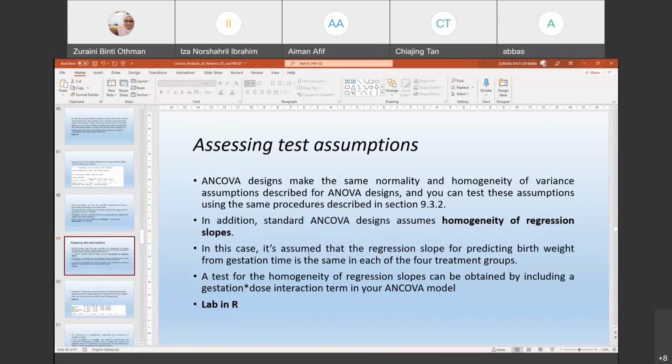In this case, it assumes that the regression slope for predicting birth weight from gestation time is the same in each of the 4 treatment groups. A test for homogeneity of regression slopes can be obtained by including a gestation time by dose interaction term in the Anova model.